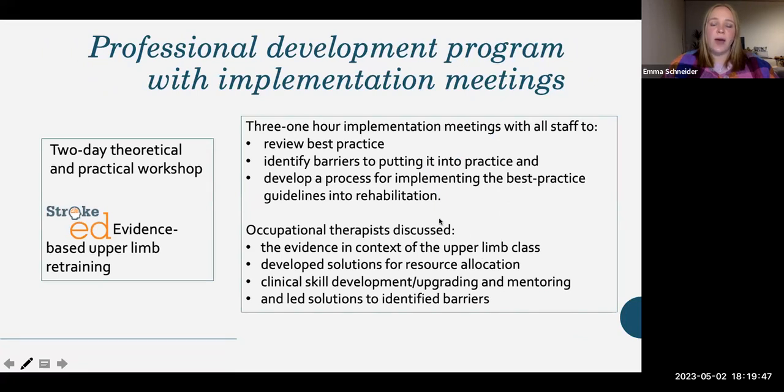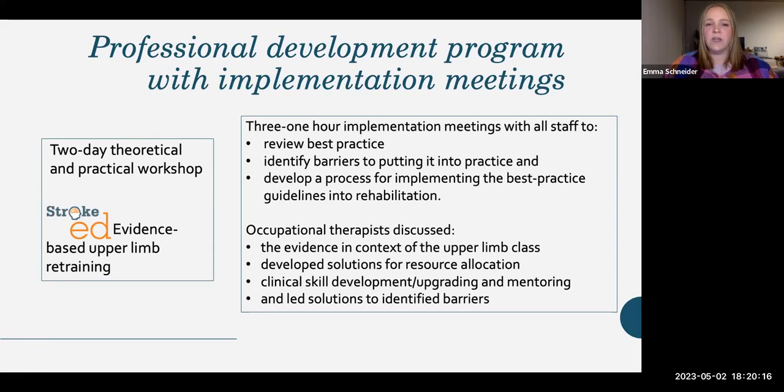So StrokeEd actually came to our work site and it was one of the locations for a theoretical and practical workshop, the evidence-based upper limb retraining program, which is now 3 days. Some of the staff attended that group, but not all of the staff. And the staff who were involved in delivering the upper limb rehabilitation group were quite varied across neurological OTs, orthopedic OTs, and spinal OTs.